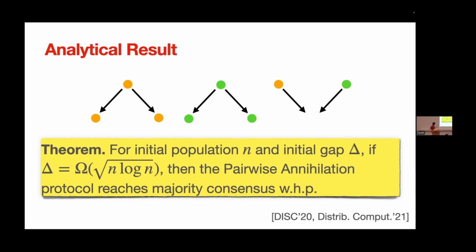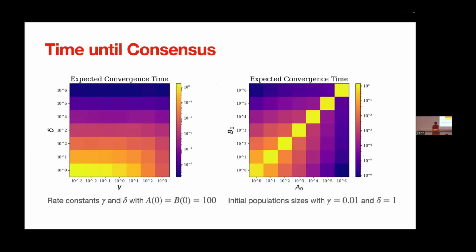And we see here that the delta you need, really A minus B, is sublinear. It's more or less square root n. You can refine it, but in the theorem that I will try to prove to you, it's square root n. So you don't even need 51%; 51% would be a linear difference that's required. It's even sublinear. And then you can look at the time until consensus, or until one of them dies out.